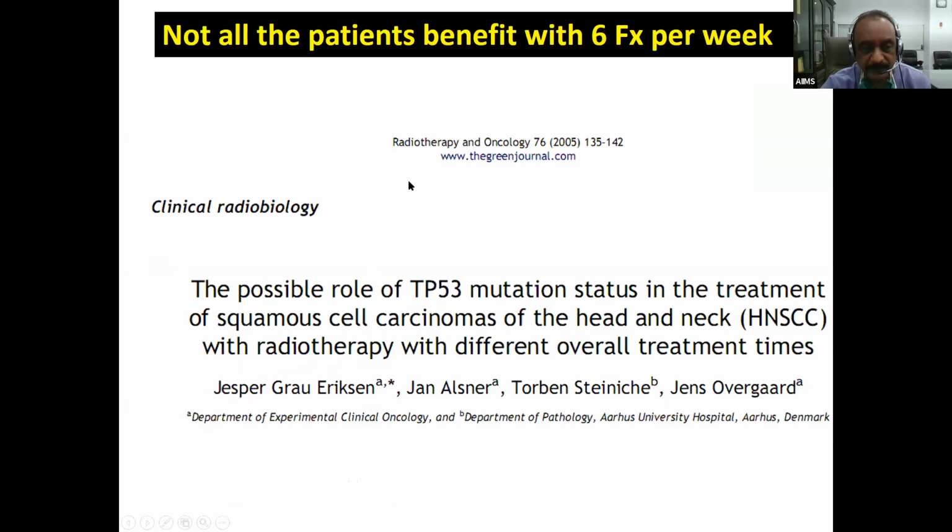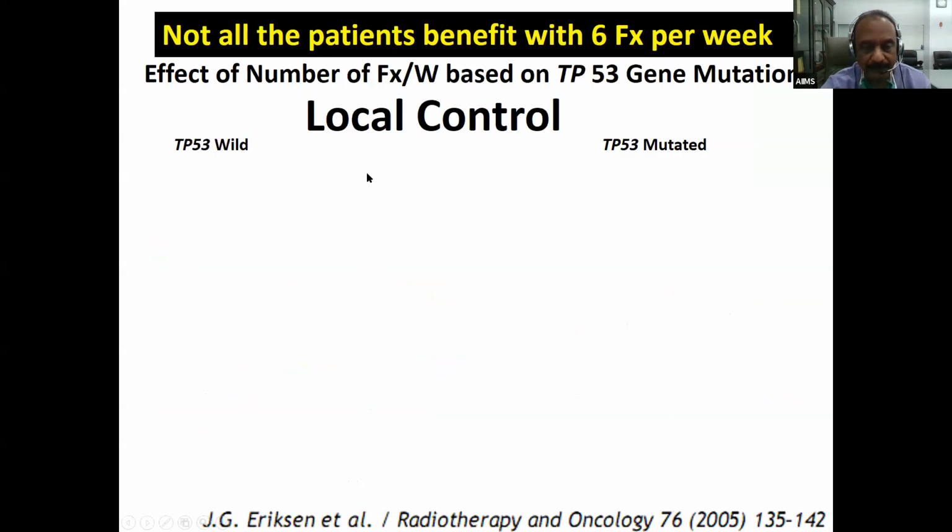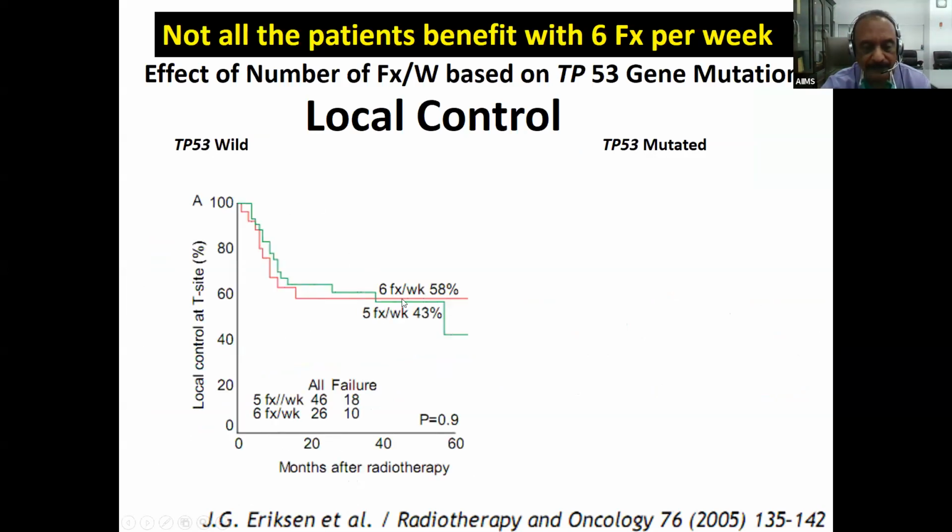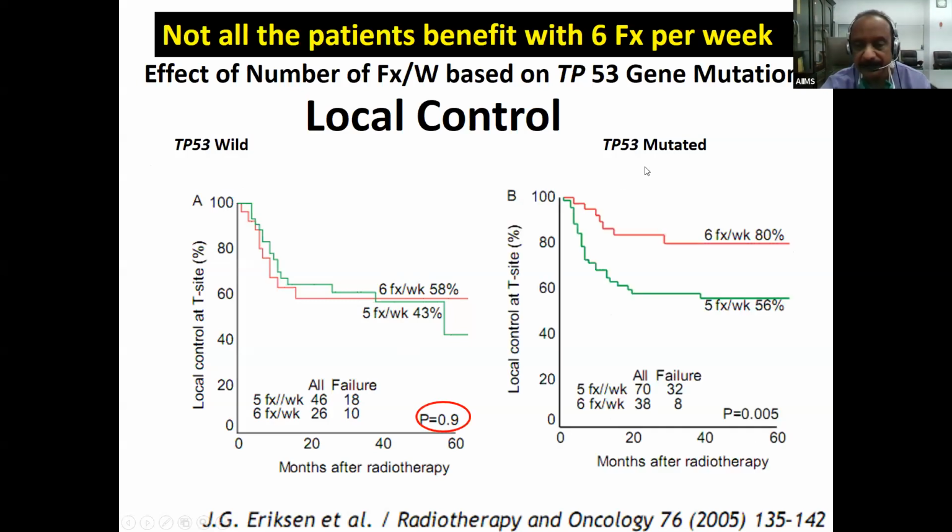What they did, they divided their population of patients into 2 categories, one with TP53 wild-type tumor, another with TP53 mutated. And when they analyzed their data, they found that modest acceleration by reducing 7 days does not benefit patients with wild-type P53 gene, but certainly will benefit, which is statistically significant, patients with T53 mutated.